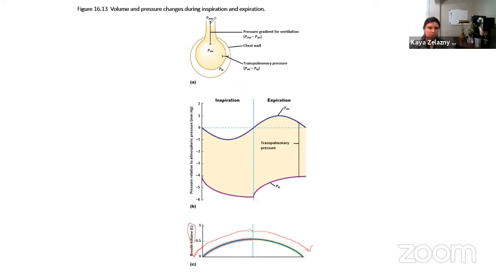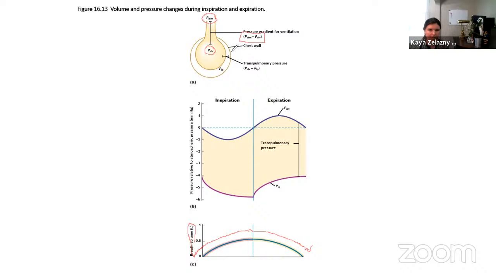So at the top, we're looking at a single alveolus. So we are comparing the atmospheric pressure, out in the environment, to the alveolar pressure, right? So we know that tells us the direction of airflow, and we can express it as a gradient for our equation for flow, so atmospheric minus alveolar pressure.